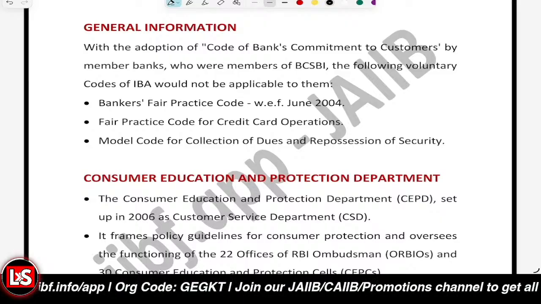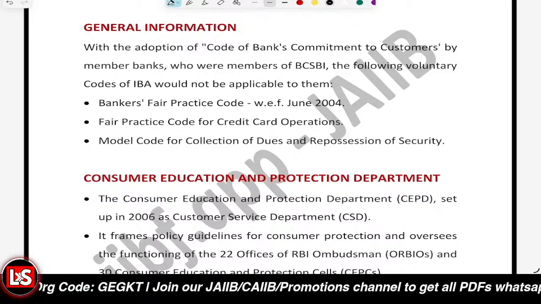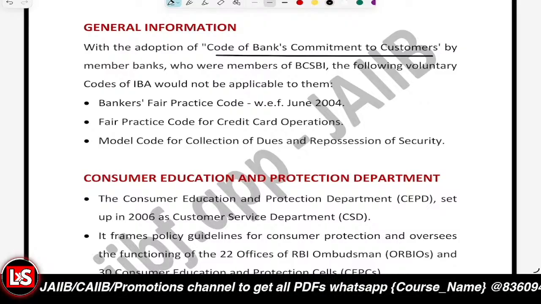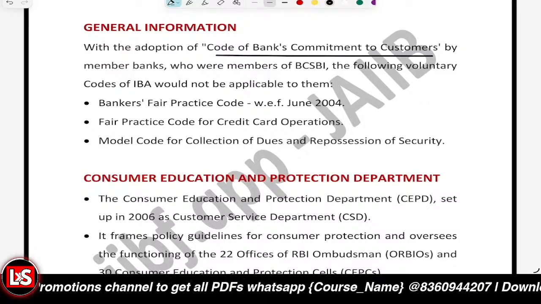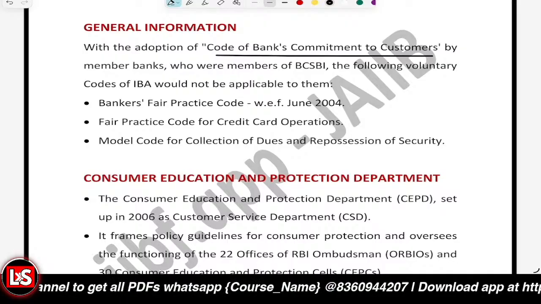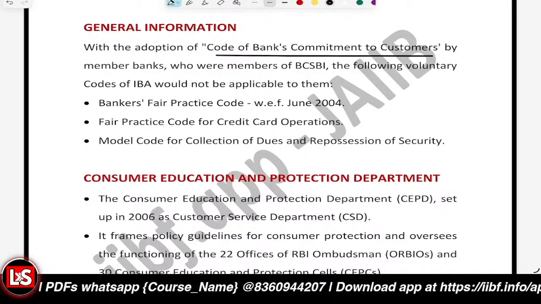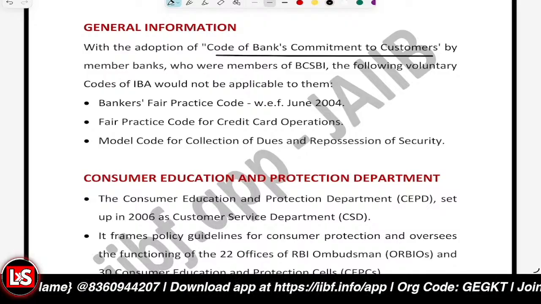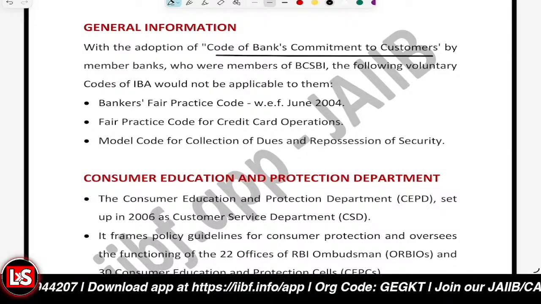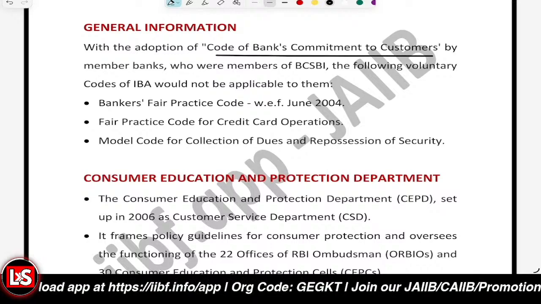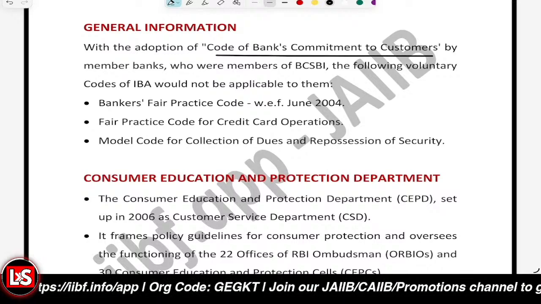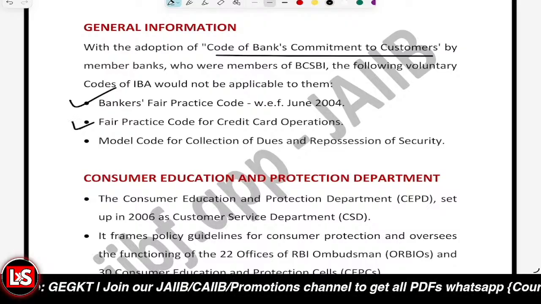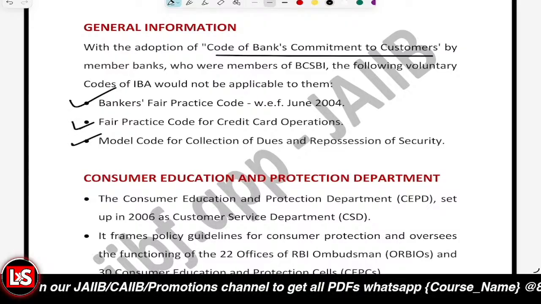General information. After the adoption of the Code of Banks' Commitment to Customers by the member banks, the previously applicable IBA voluntary codes are no longer applicable: the Bankers' Fair Practice Code, the Fair Practice Code for Credit Card Operations, and the Model Code for Collection of Dues and Repossession of Securities.